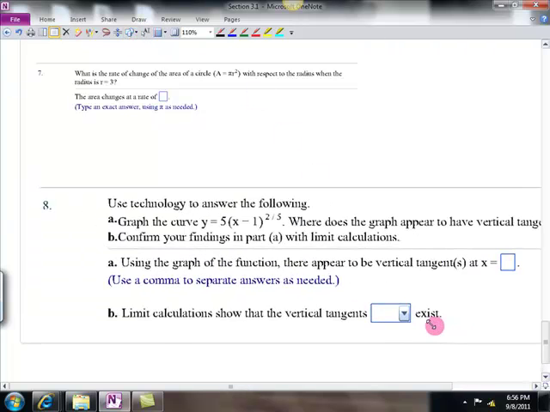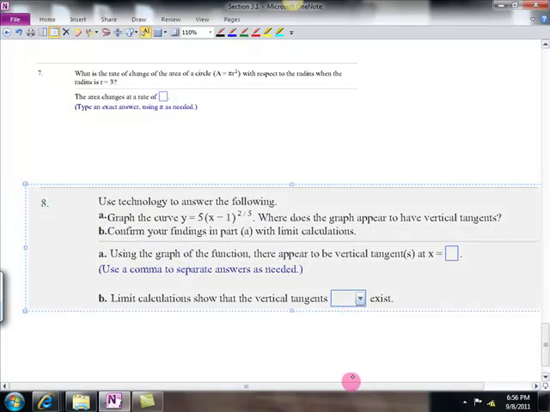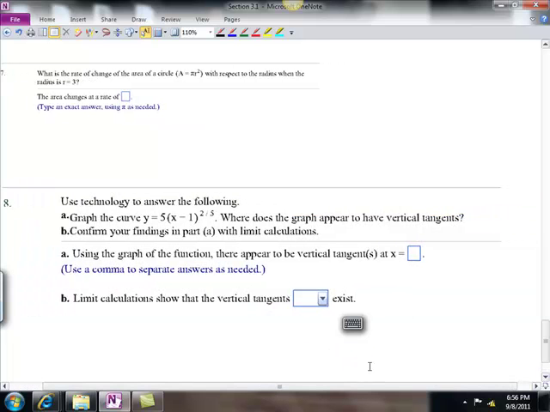Make it bigger. Okay, use technology, hopefully, to answer the following. Graph the curve. We've got 5 times (x minus 1) to the 2/5. So we're going to go in, and in y1, we're going to put that.